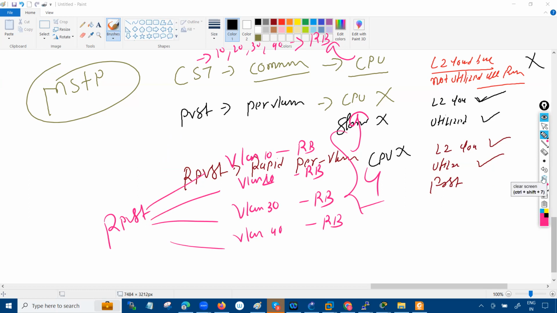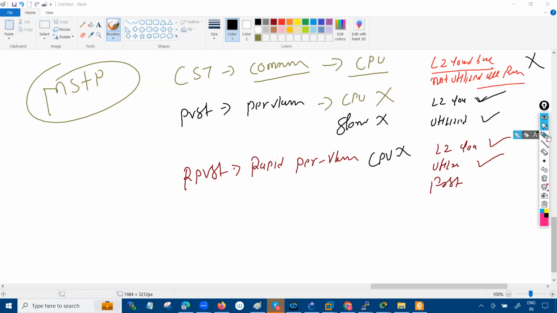So what have we introduced? We have seen these are the problems we have. One more thing before I start MSTP, I just want to show you one more part.